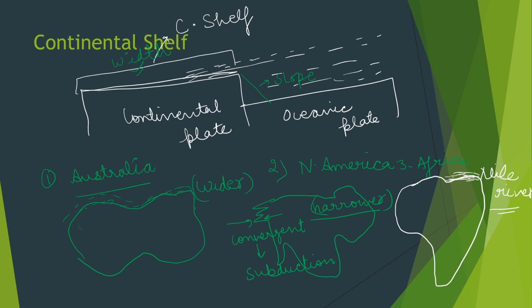Huge amount of deposition takes place. That's why a wider continental shelf would be present. So the continental shelf will be determined by a number of factors, and accordingly the width of the continental shelf would vary. Sometimes it is narrower, sometimes it is wider.